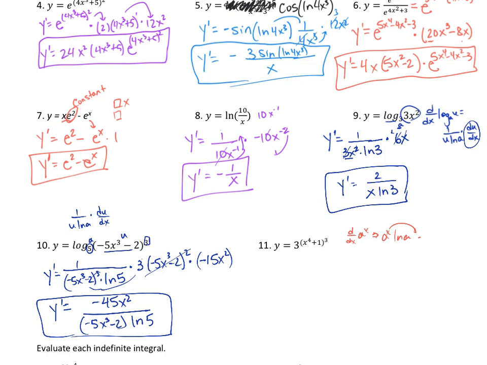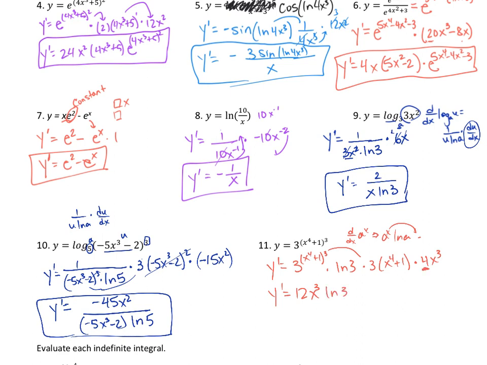All right, so let's do this. So y prime is going to be a to the x. So this will be 3 to the x fourth plus 1 cubed times ln 3, and now I have to chain rule this part, which will give me 3x to the fourth plus 1 times 4x cubed. Cleaning all this up, we end up with y prime equaling 12x cubed ln 3.